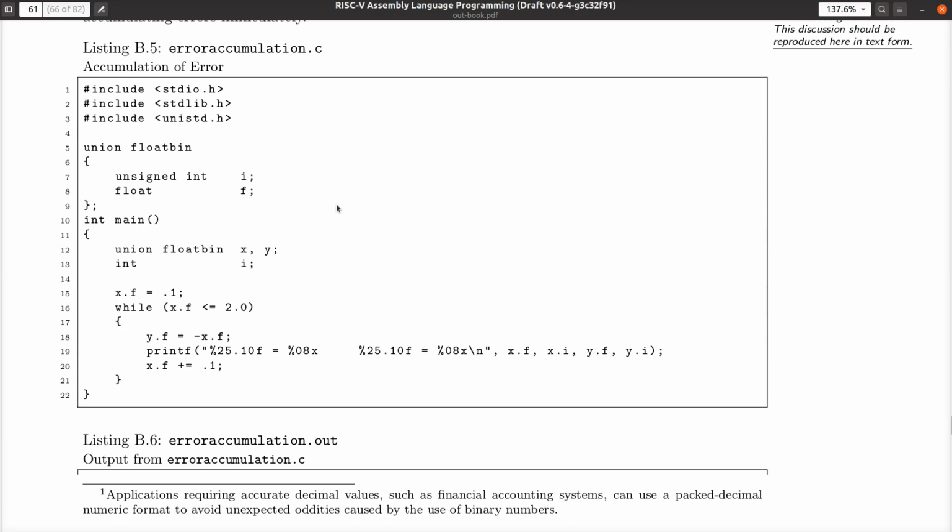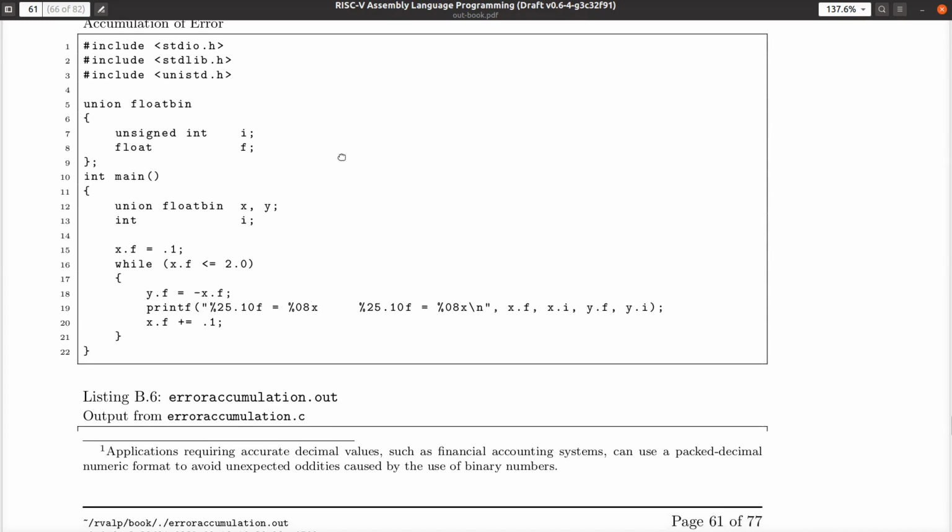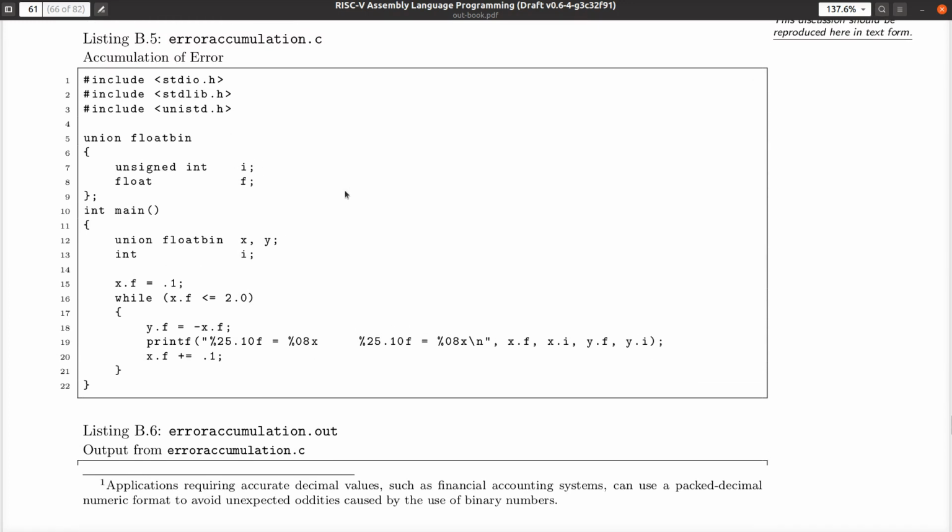Now, in decimal, we all know that 1/3 cannot be represented accurately, right? In decimal, it's 0.33333, and it's a repeating, non-terminating decimal, we say, right? Well, it just so happens that in binary, 0.1, as in 1/10, is a repeating, non-terminating binary value.